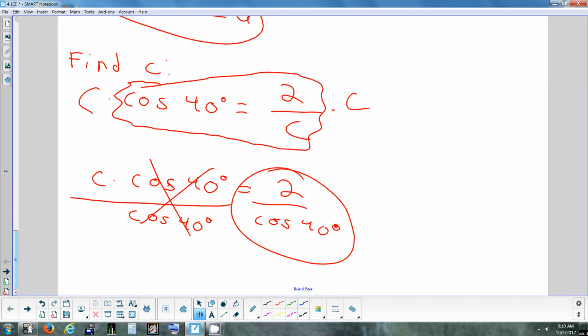Just think more visual. Don't think multiply or divide. Just what visually happened there. Sure. Ileana? The C and the cosine 40, these two things, just switched places.